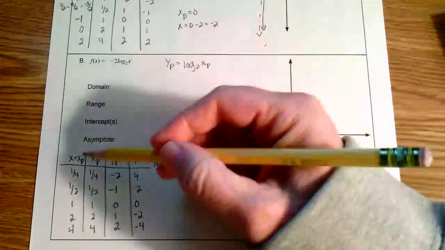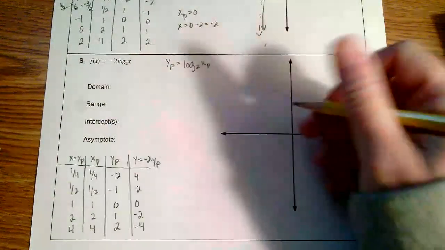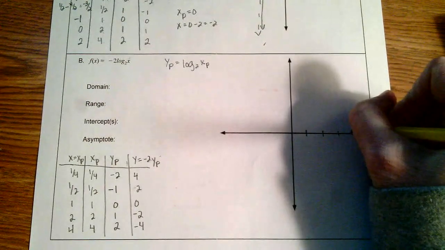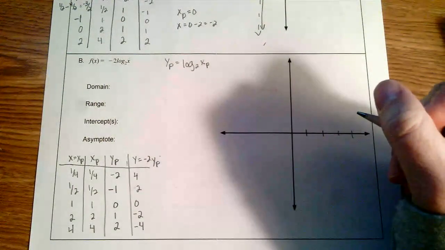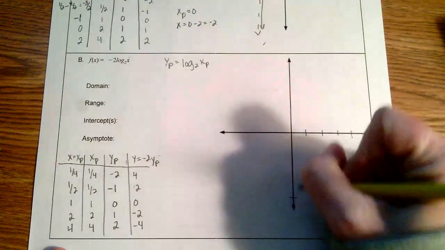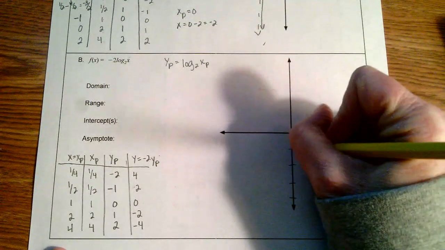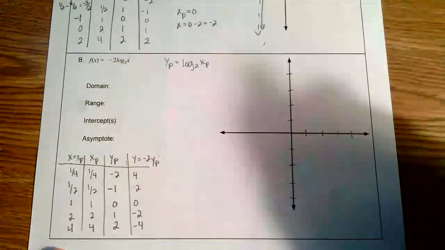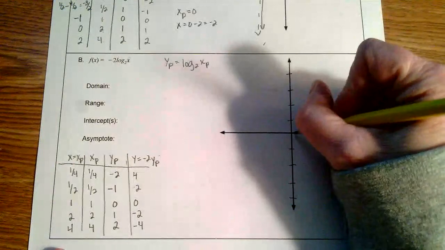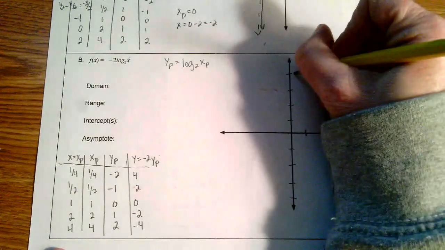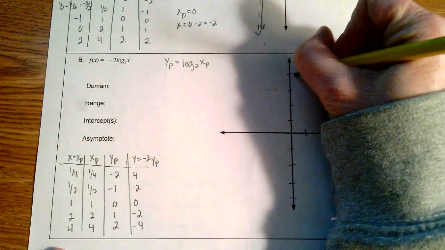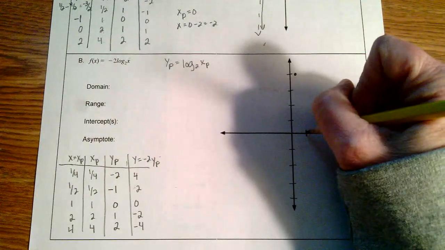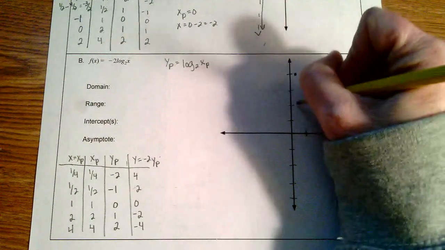So my x values are going from 1/4 up to 4. So I can just go 1, 2, 3, 4. My y values are going from -4 to 4. Okay, so I am graphing 1/4 all the way up at 4. And then I'm graphing 1/2 and up at 2.